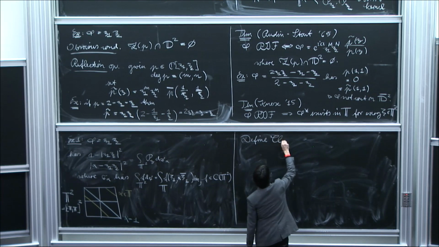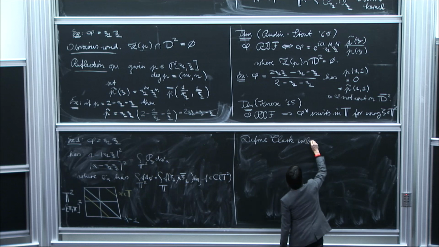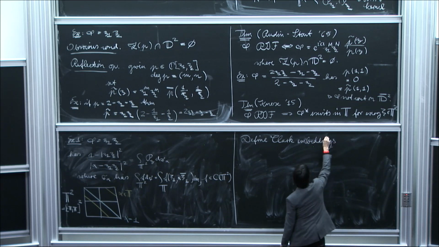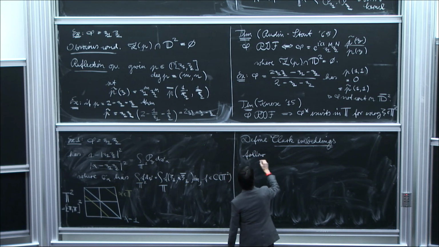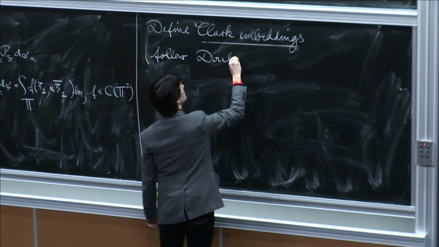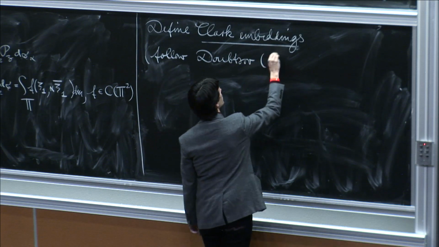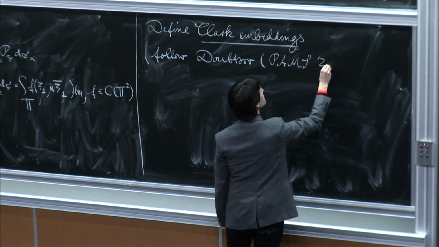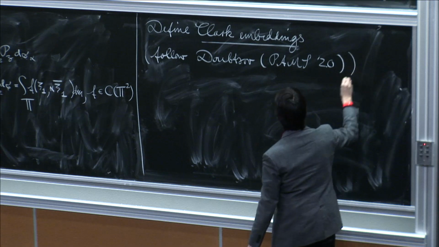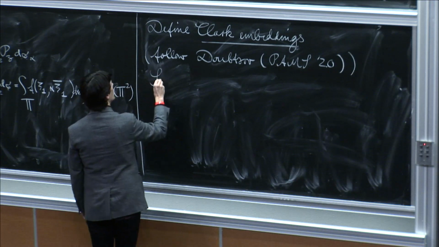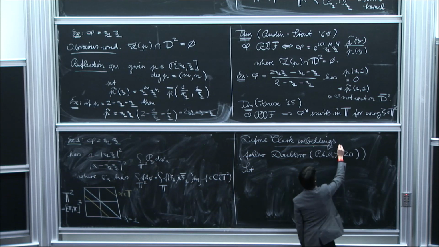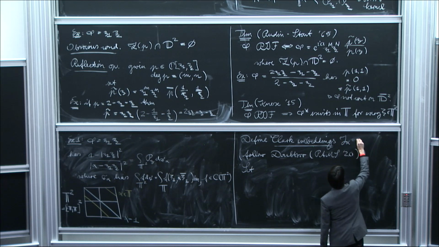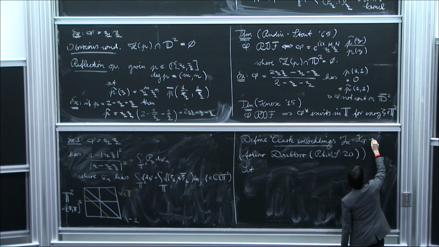What we're going to do next is we're going to define Clark embeddings. And the origin of this work is a recent paper by Dubtsov in the Proceedings of the AMS, which came out in 2020. So I'm going to define a mapping J alpha from a model space into L2 of sigma sub alpha.